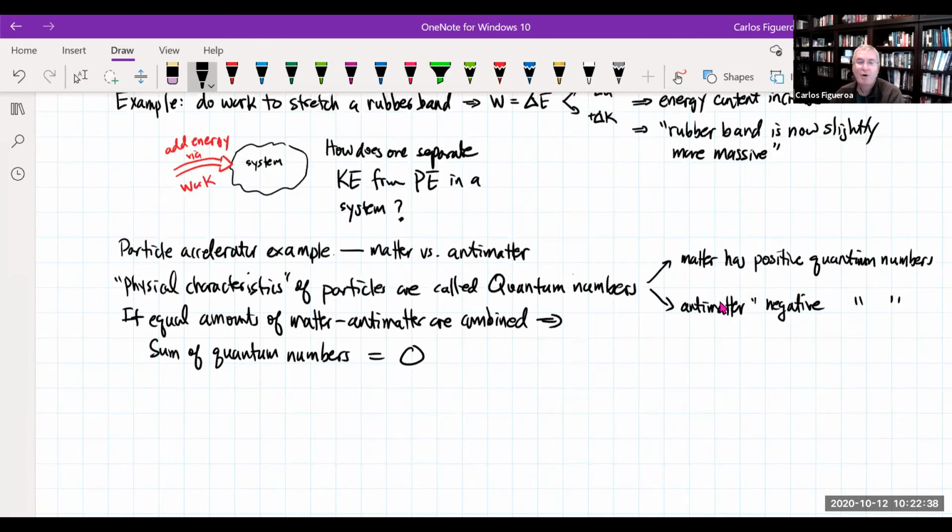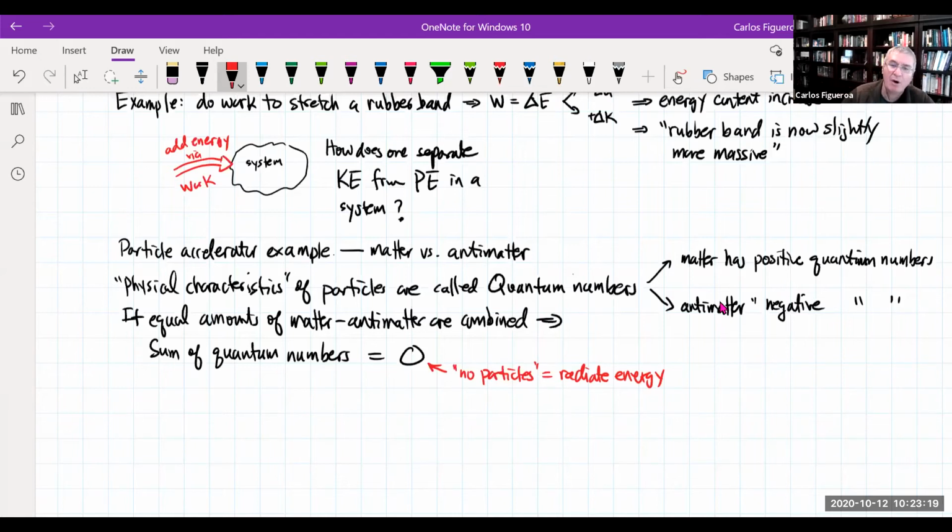But wait a minute, a particle has characteristic quantum numbers. Antimatter has characteristic quantum numbers. So if something sums to 0, then that means that you get no particles. And sometimes people call it just radiant energy. I don't know what you call this stuff, but it just means that there's nothing that exists there. So according to conservation of energy, you cannot get rid of that energy. So it goes into this.